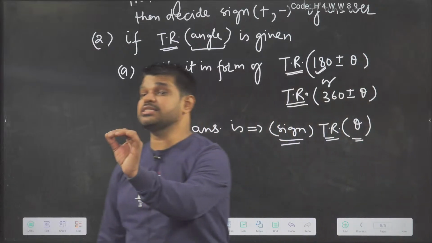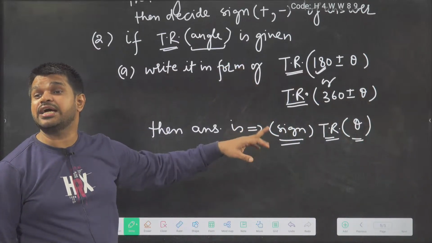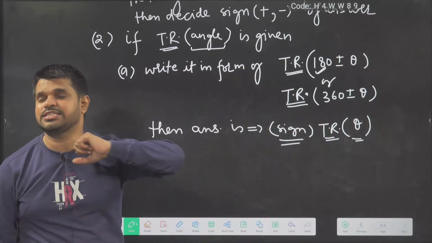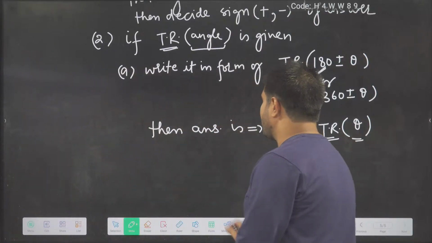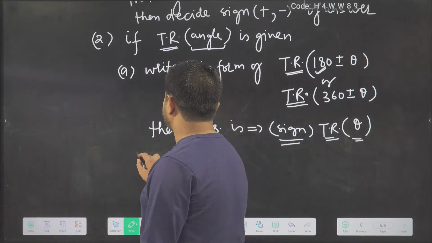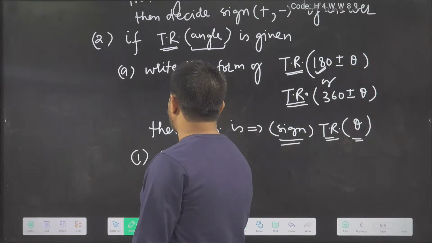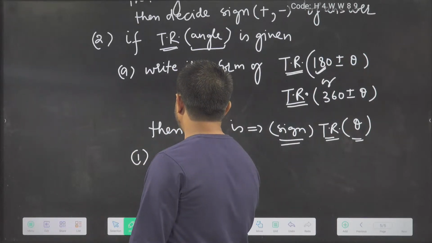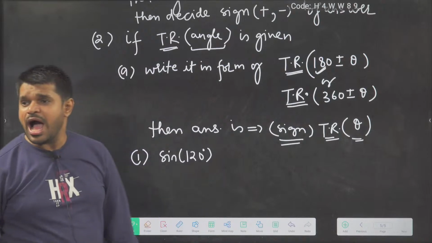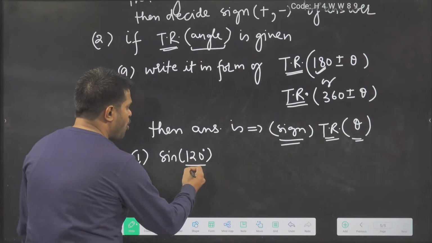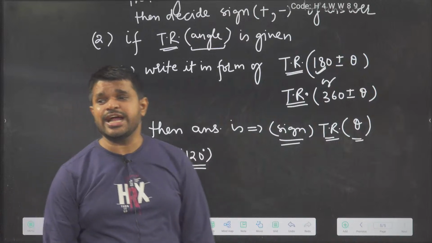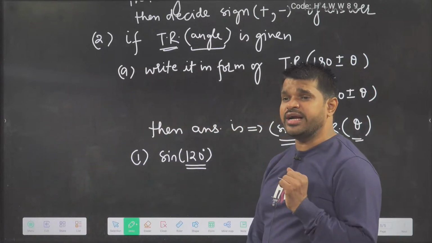I understand that it is highly confusing, so let me give you one example. Suppose I want sine 120 degree. I want to find the value of sine 120 degree. Now 120 is in which quadrant? Second.